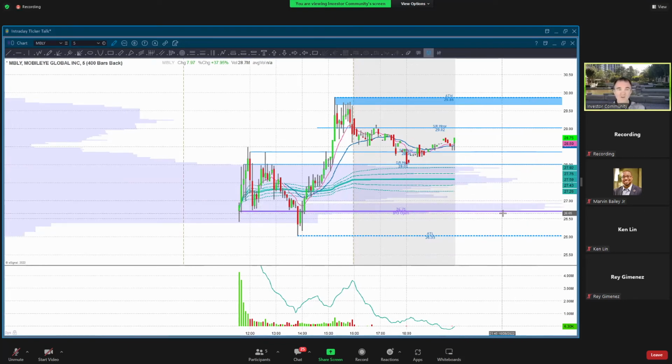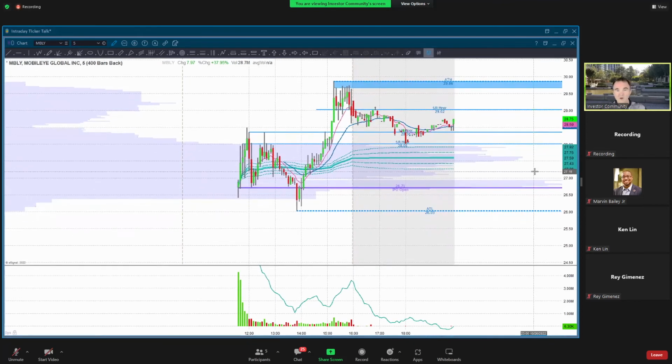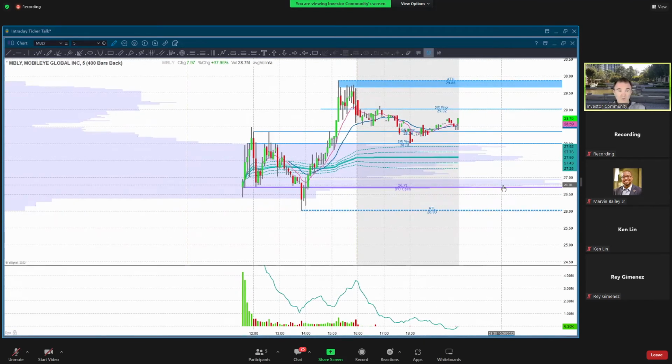Because the last thing Intel wants is to taint their reputation by having this completely break down, right? Intel is a big enough company that I would think they'd be putting some pressure on their underwriters if this starts to come down here. So yeah, I think this has a good shot to hold support here, and in general just to go higher from here.